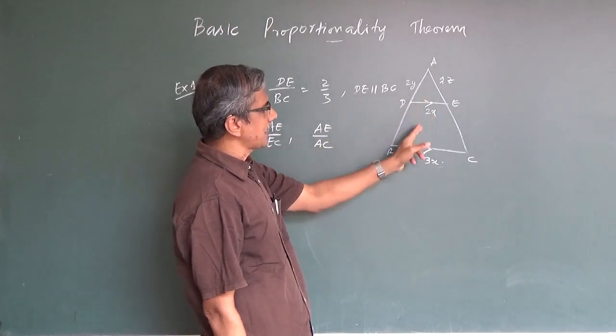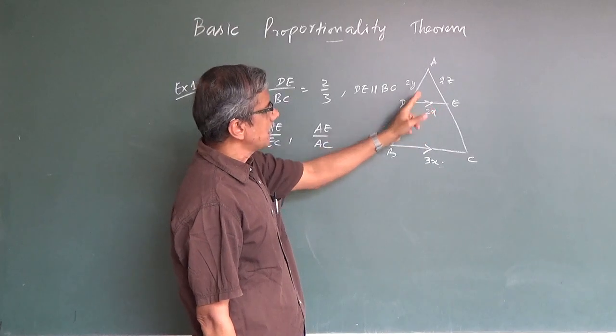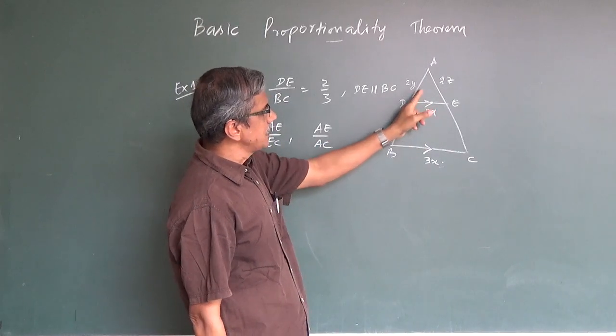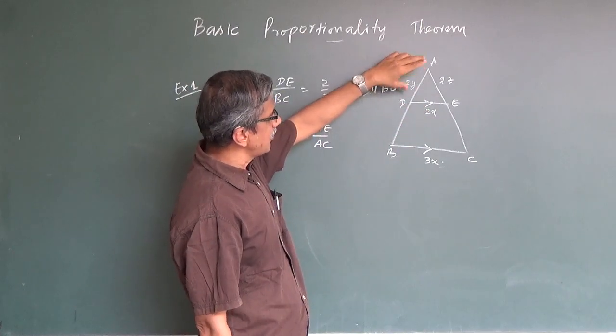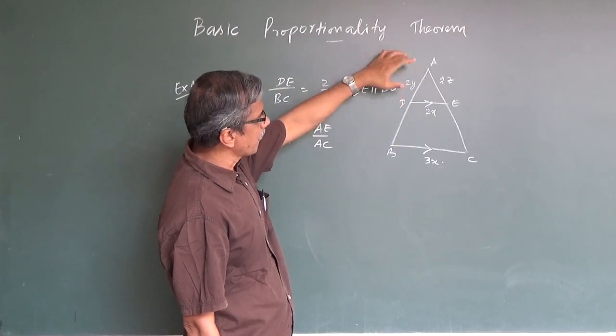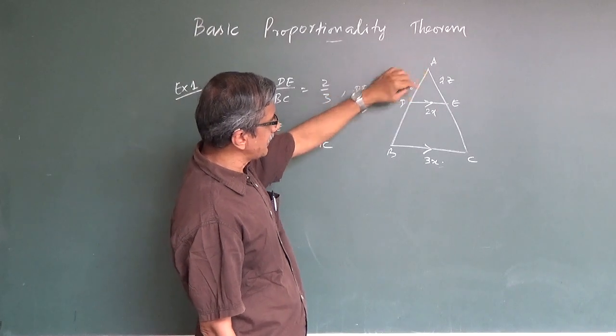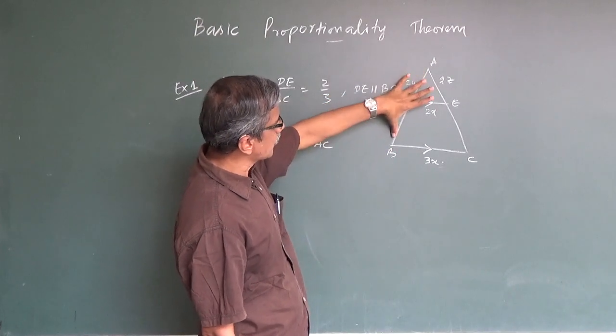These two are similar triangles because this line is parallel. If they are similar, then the sides will be in the ratio 2 by 3. This will be 2, means this total will be 3.